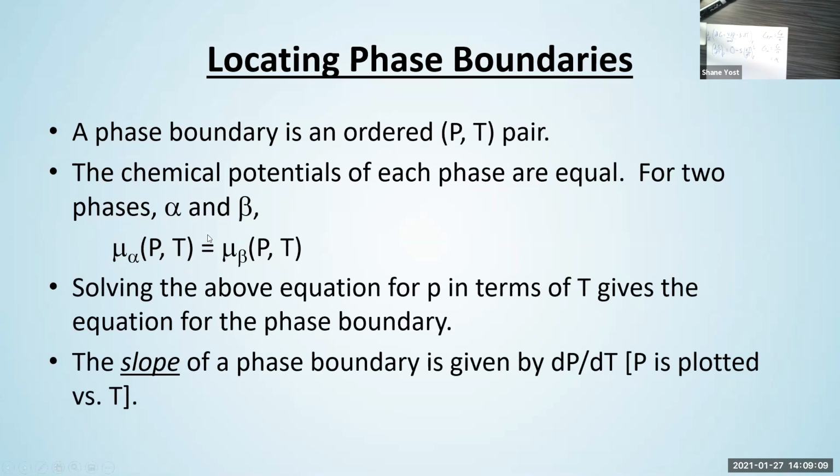So if we're able to somehow solve this equation, write out how these chemical potentials are a function of pressure and temperature, and solve for pressure in terms of temperature, that would give us the equation that describes our phase boundaries for these single component systems. And the slope of that equation relating pressure and temperature will be dP/dT.